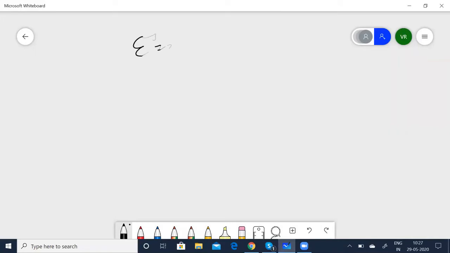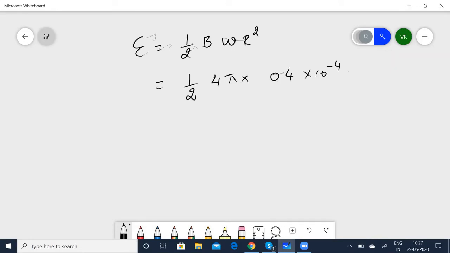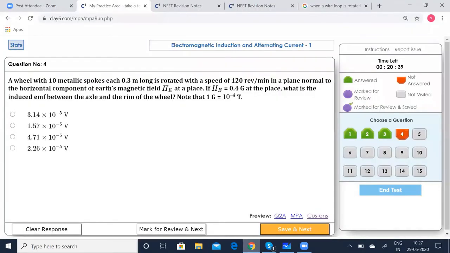E is equal to half B omega R square, which is equal to half into 4 pi into B, which is 0.4 into 10 to the power of minus 4, into R squared, which is 0.3 squared. When you simplify this, that gives you 2.26 into 10 to the power of minus 5 volts. Let's see which option is correct. Yeah, option D is correct.